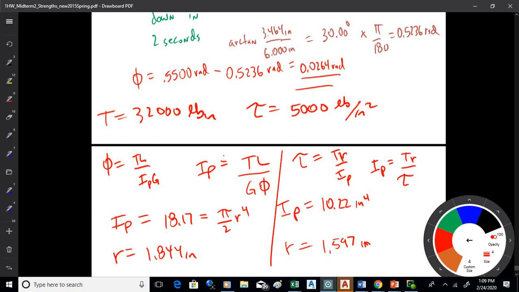All right. So you look at the two, you pick the bigger of the two. So there's the required radius.